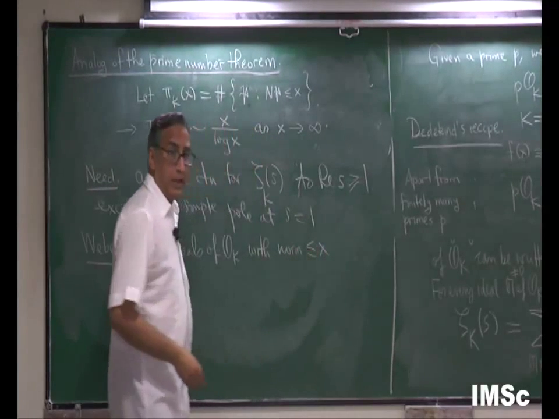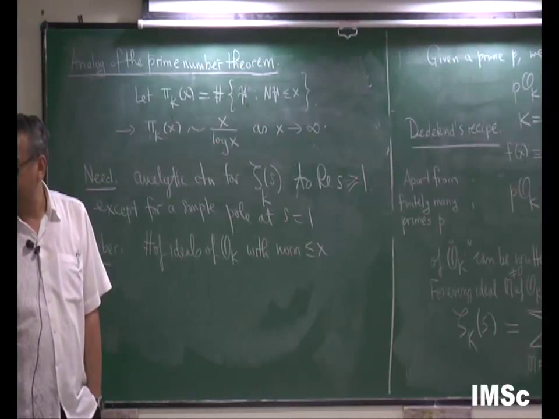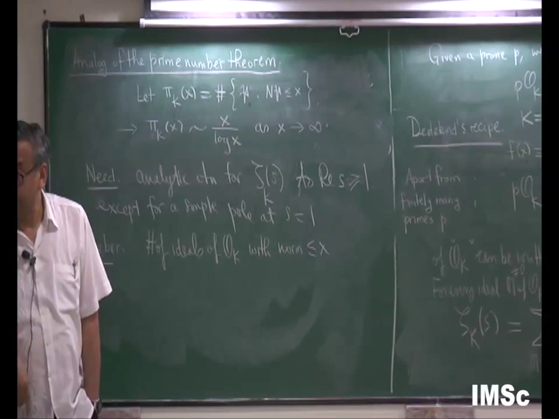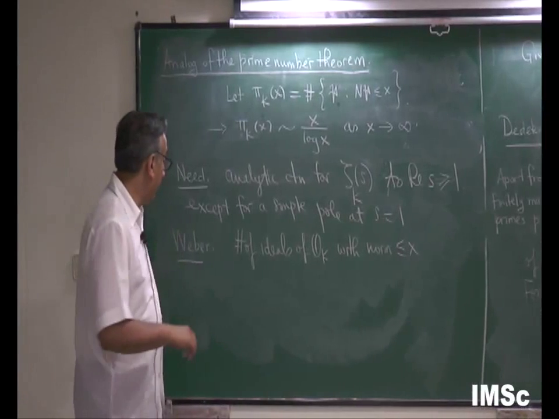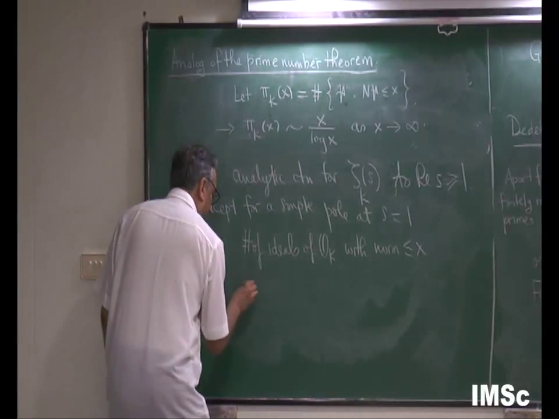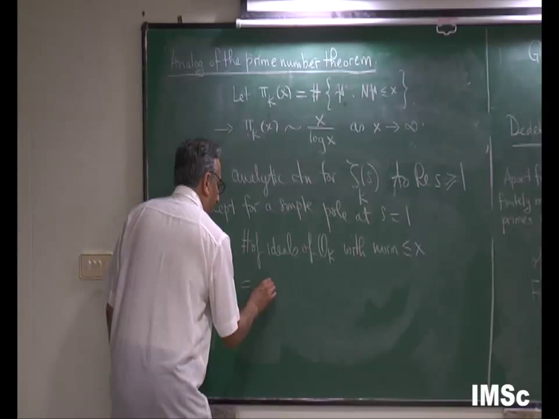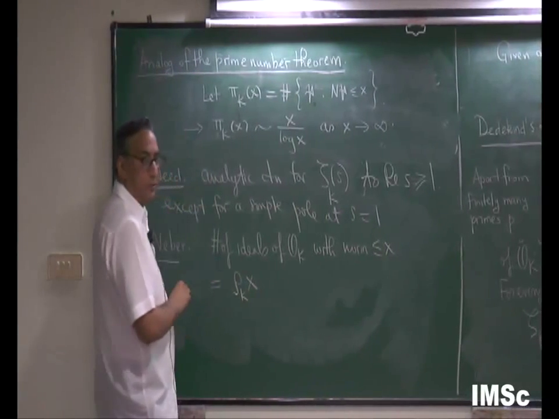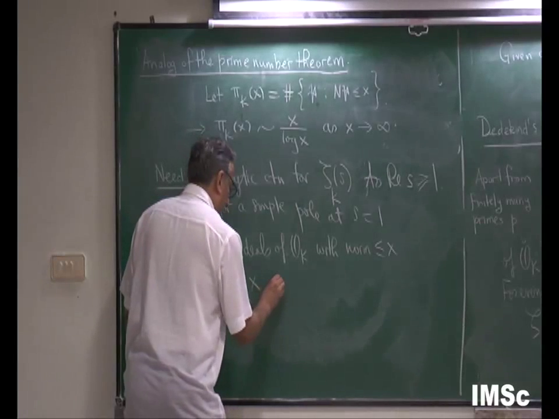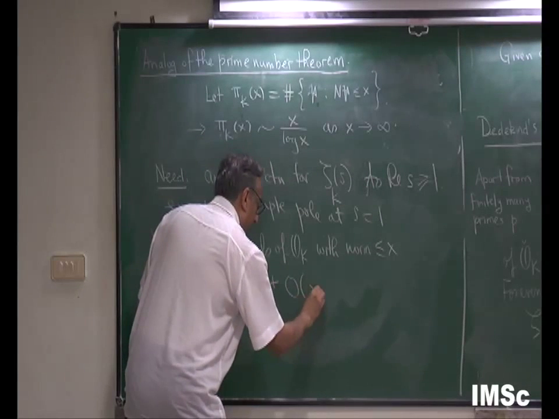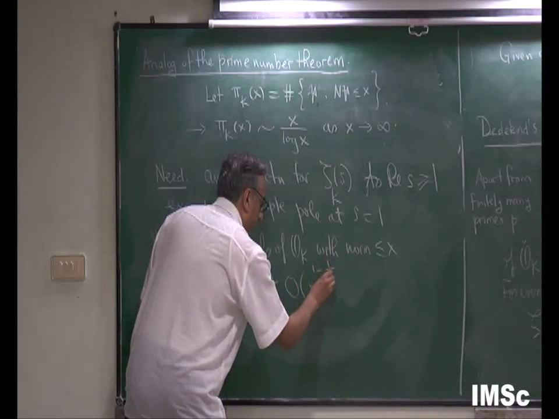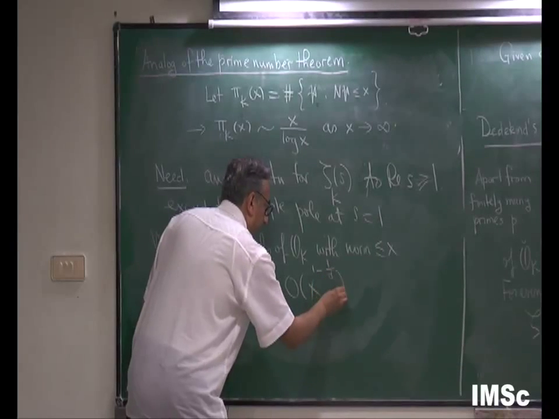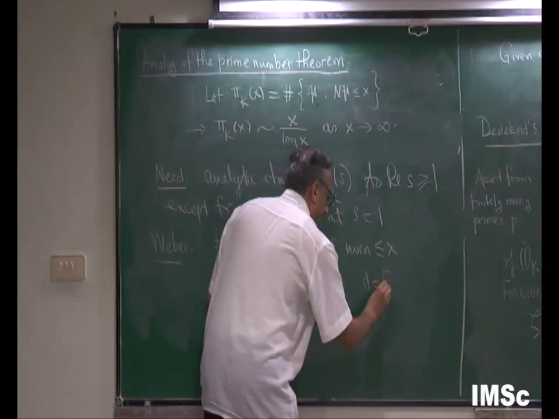It turns out to be a lattice point counting problem. Not trivial, but once you formulate it as a lattice point problem, he counted that. He ended up showing that this was equal to some residue, rho sub k, which I will not go into, plus O of x to the 1 minus 1 over d. D is the degree of the field.